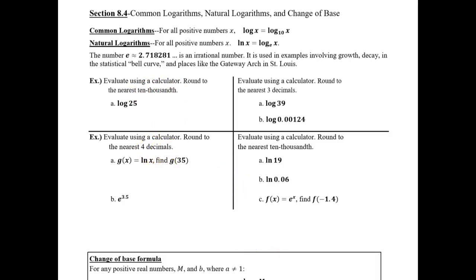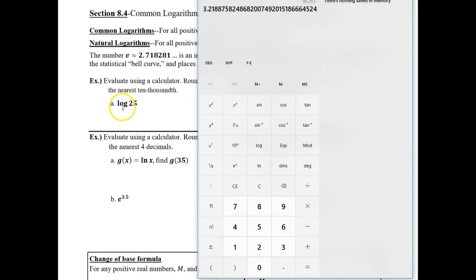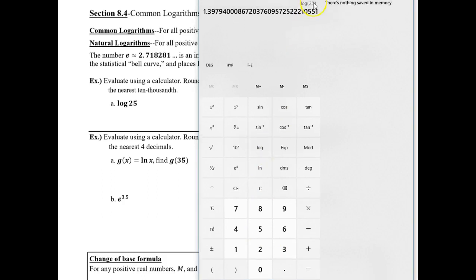So let me go ahead and get out my calculator here. If I want log of 25, again, no base, this is actually log base 10 of 25. But on my calculator, I have this log button. So calculators vary. Some calculators you'll hit the button and then the numbers inside, or in this case with this computer calculator, I have to hit the number first and then I can take the log of that number. And we can see up here at the top it says log of 25.